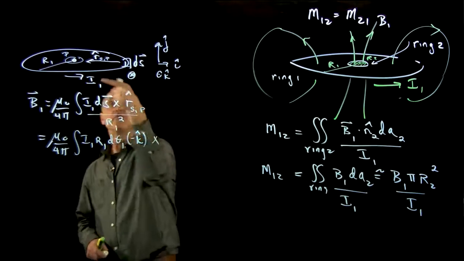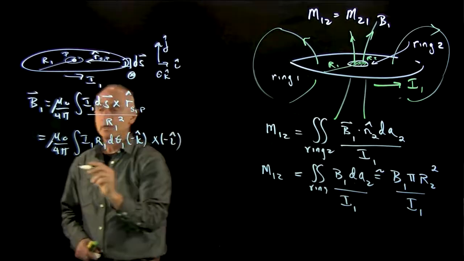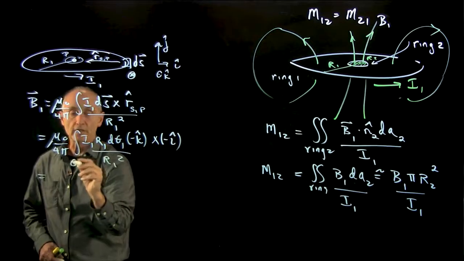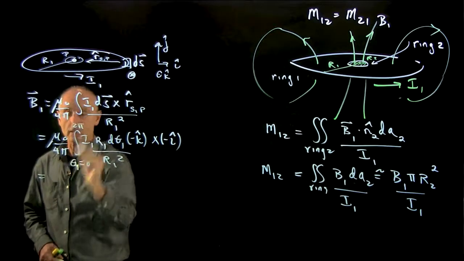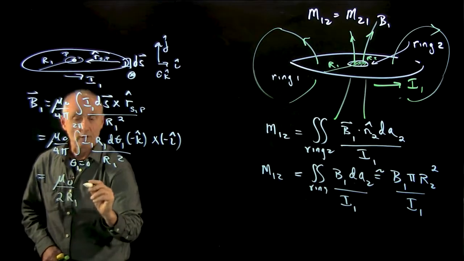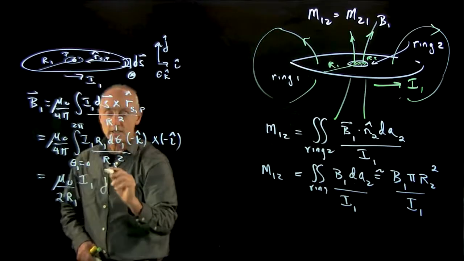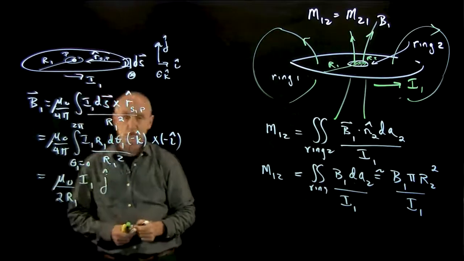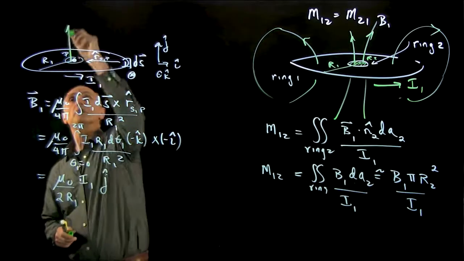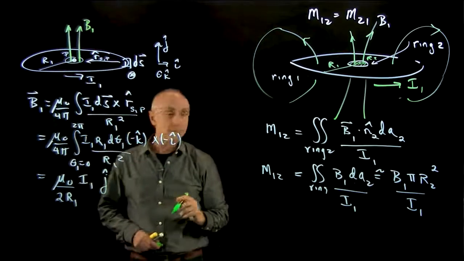And we're crossing a unit vector that's pointing in the minus i hat direction, and we get divided by R1 squared. We're integrating theta 1 from 0 to 2 pi. And we have mu naught over 2 R1 times I1. And minus k hat cross minus i hat is j hat. And we'll just check our results. It all looks good, and that's no surprise, because in the center, we expect B1 to point up.